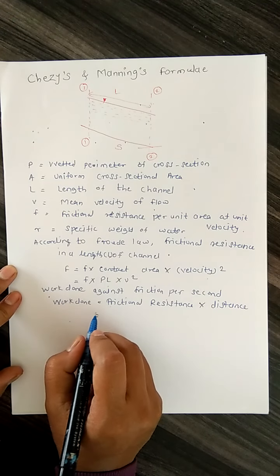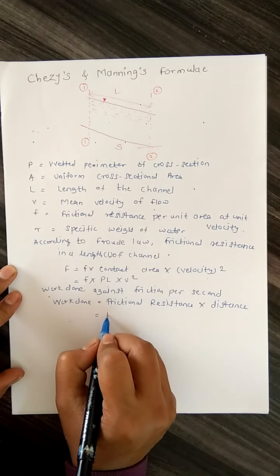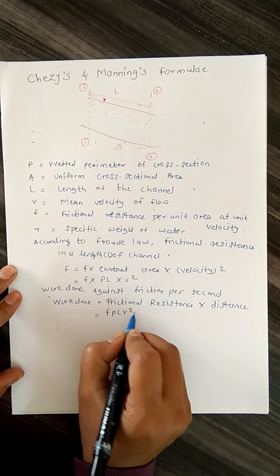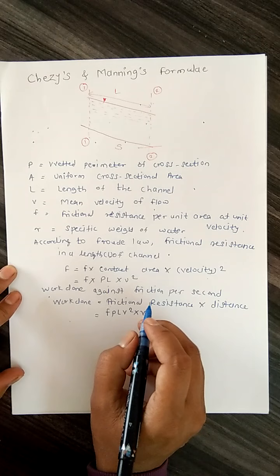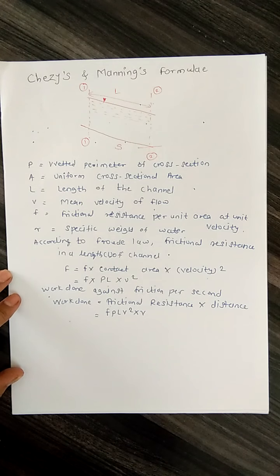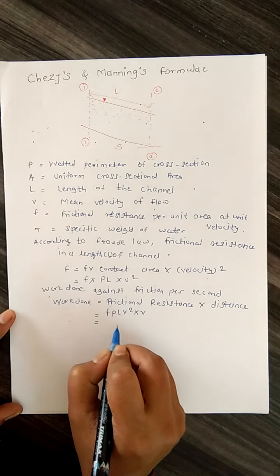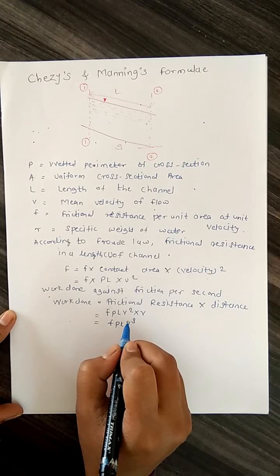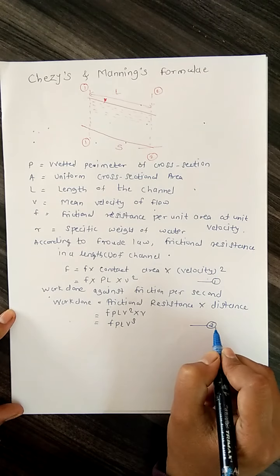So frictional resistance is given by, as per the above formula, that is f P L into V square, into V. Distance is nothing but the V. So we write f P L into V cube. This is equation number 2, and the earlier one is equation number 1.